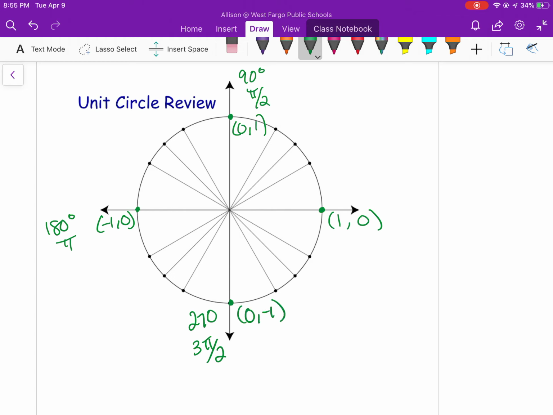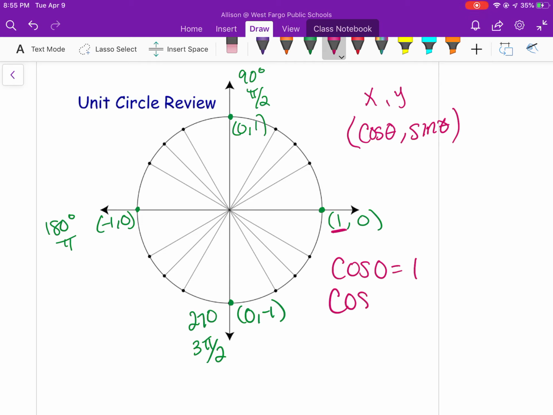Those 4 points are important because they give our trig values for cosine and sine. I remember that cosine goes with x and sine goes with y because it's in alphabetical order, just like x, y. So we have cosine of theta and sine of theta. Cosine of 0 degrees starts out at 1.